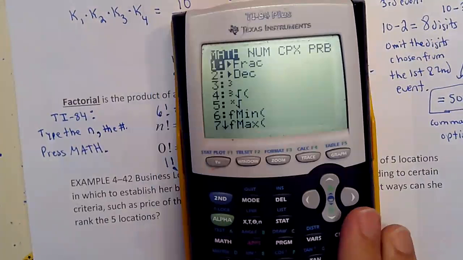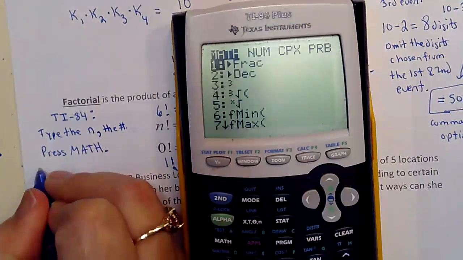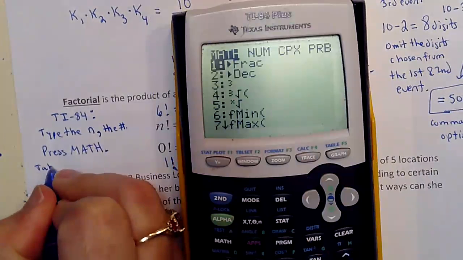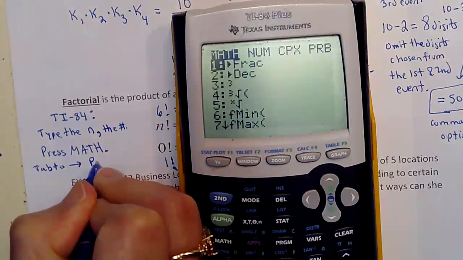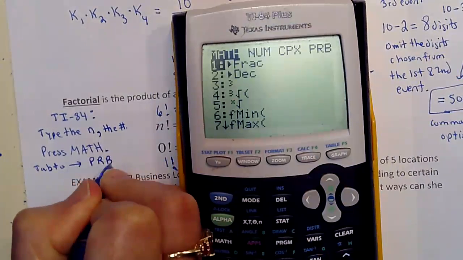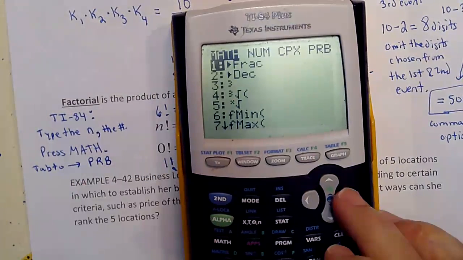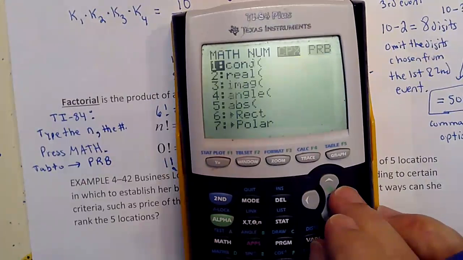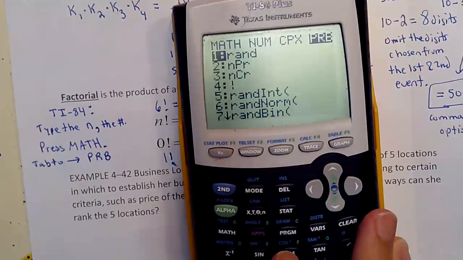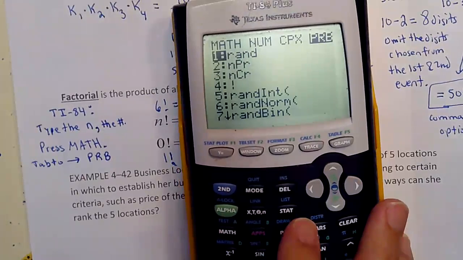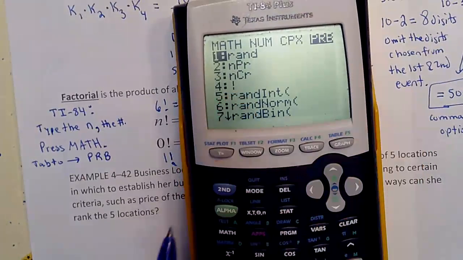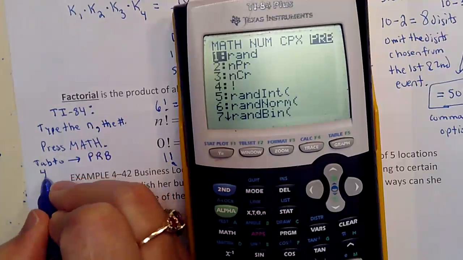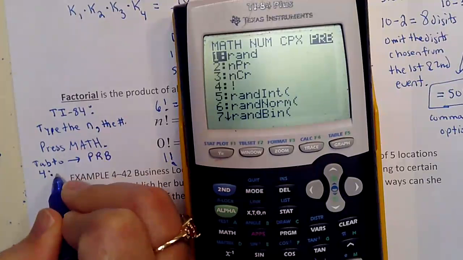And then you have to tab to probability, PRB. So I'm going to tab to probability, and then I'm going to do number 4. See number 4? I want 4 factorial.